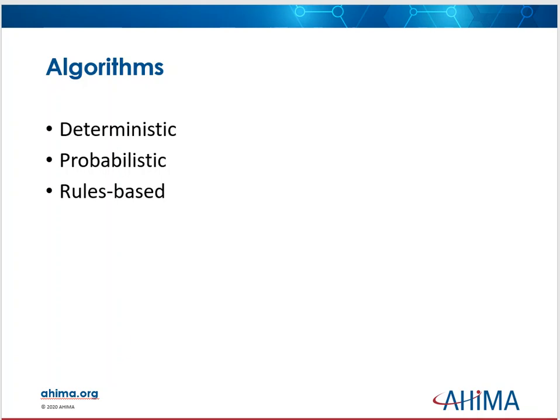Probabilistic means that there's some kind of math that matches and brings up people who could probably be the same. And then you've got rules-based, where there are different assignments of weights to compare. Again, a list will pop up to further investigate and see who meets certain criteria.